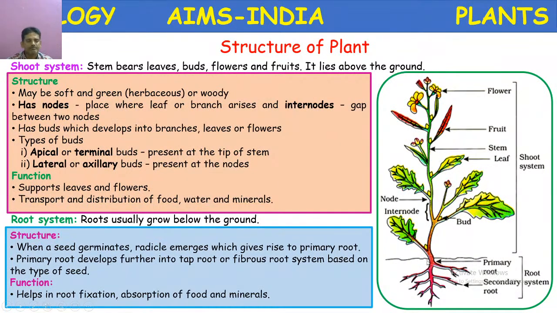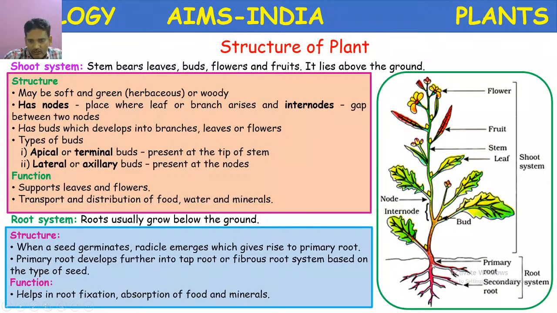What is the root system? The part of the plant which is inside the ground, which is not visible. Of course, in some plants, with some modifications, they are visible. Later we will discuss that. But here, a typical plant's root system is inside the soil. When we sow a seed in the soil, that seed germinates to produce a small white structure called the radicle.